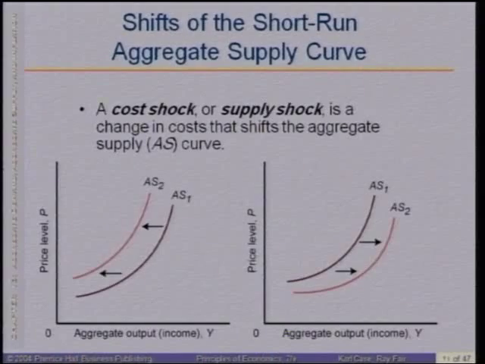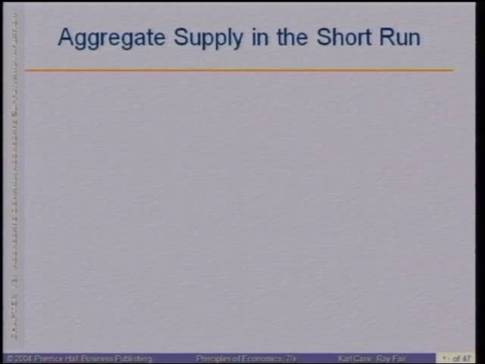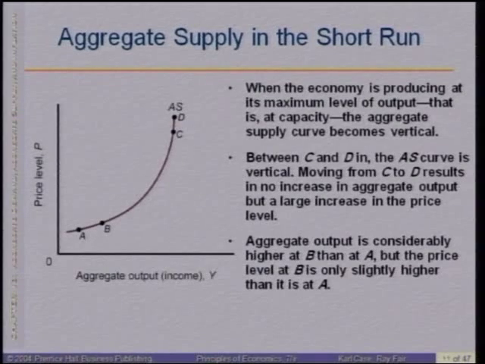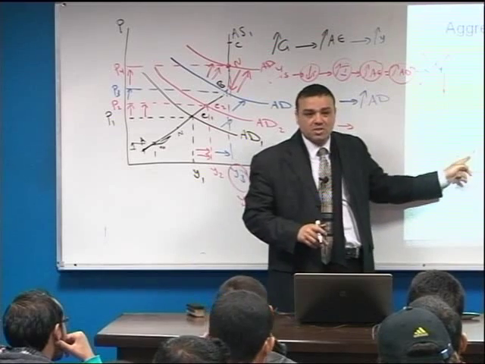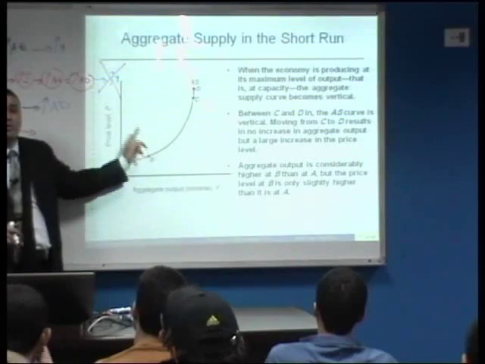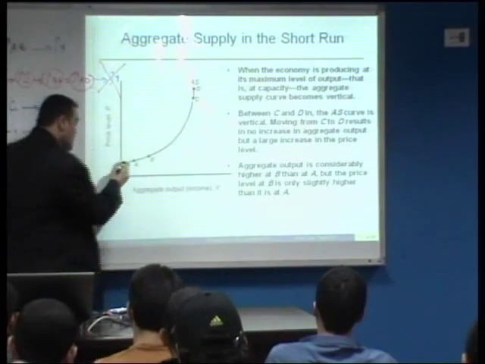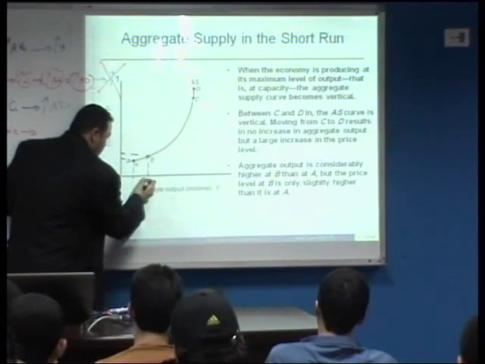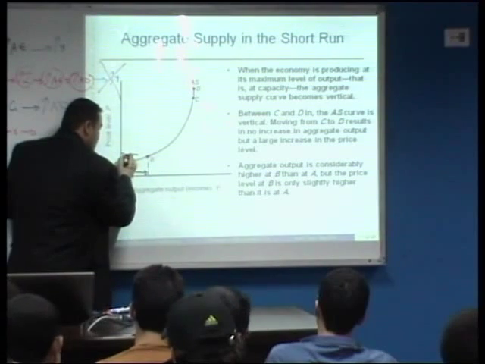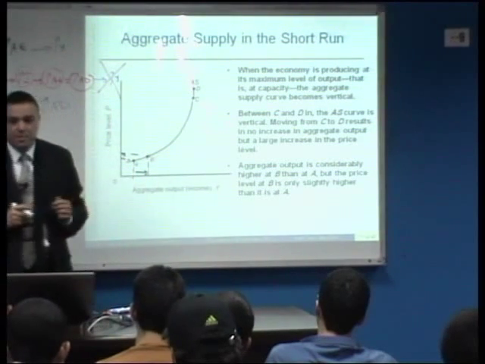هلا نشوف from A to B here. As you see, it's more elastic or more flatter, which means the increase in the aggregate output is larger than the increase in the prices.